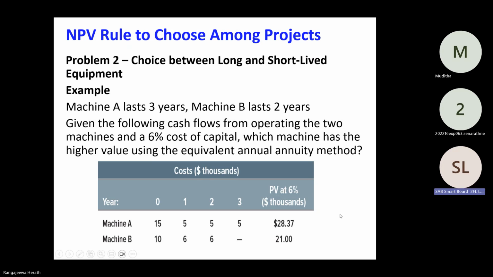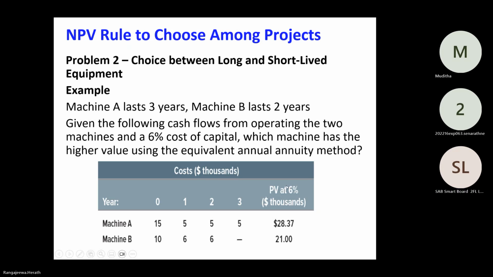Here the operating cost is given; cost, price and revenue are not given. The cash flows from operating two machines: at a 6% cost of capital, which machine has the higher value under the equivalent annual method?